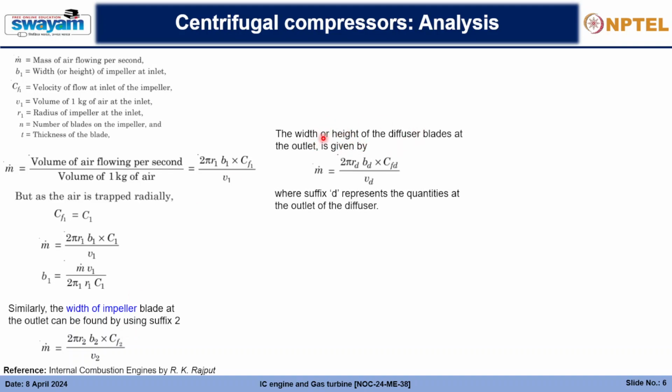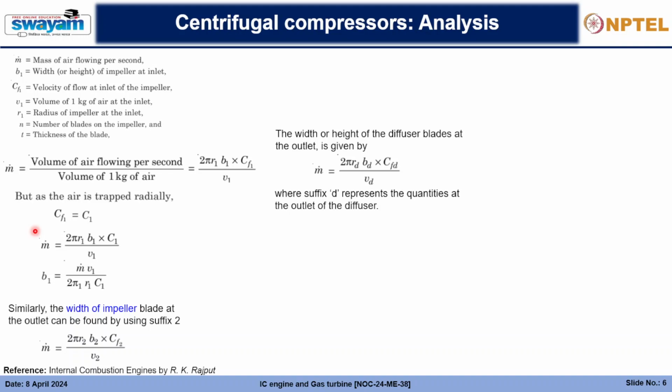Again, the width or height of the diffuser blades at the outlet is given by, the mass flow will remain constant because of conservation of mass, 2π RD into BD into CFD divided by VD, and suffix D represents the quantities at the outlet of the diffuser.